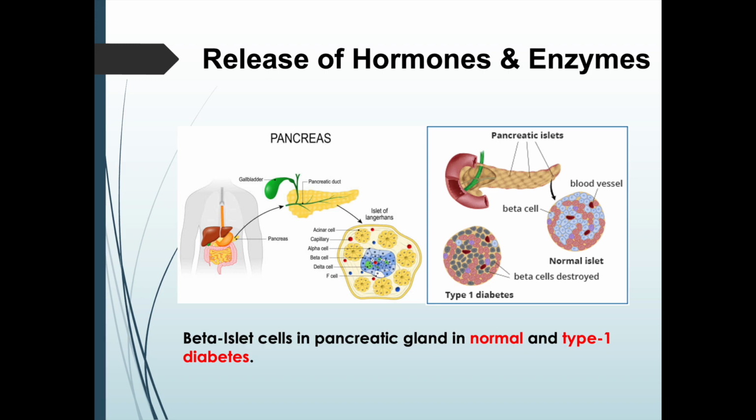That's the only thing where they can control it. But once they start dying, we can stop the dying, but we cannot reproduce them. They will not regenerate. So from there, the insulin deficiency starts.